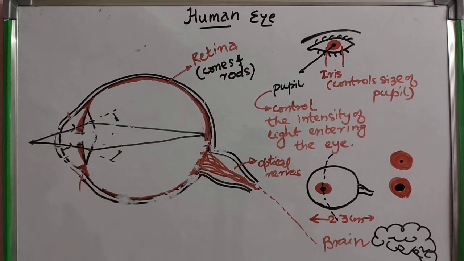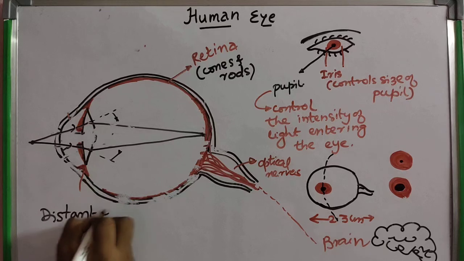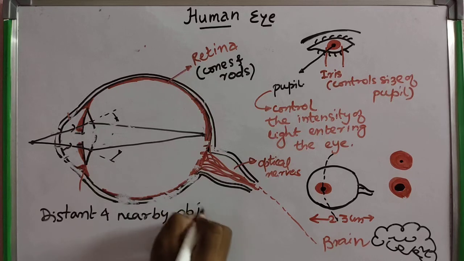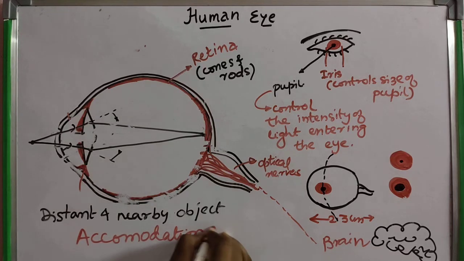This ability of the eye to focus distant as well as nearby objects, we will call it the accommodation of the eye.